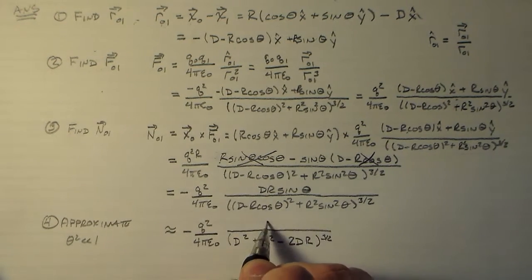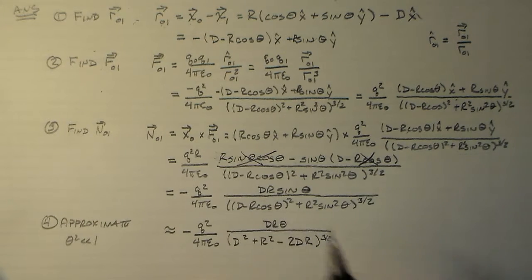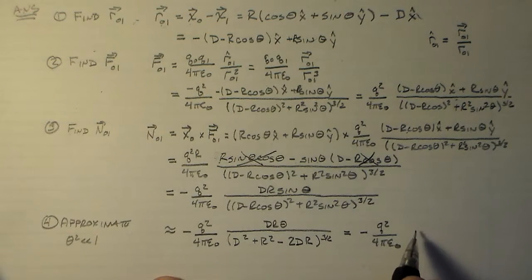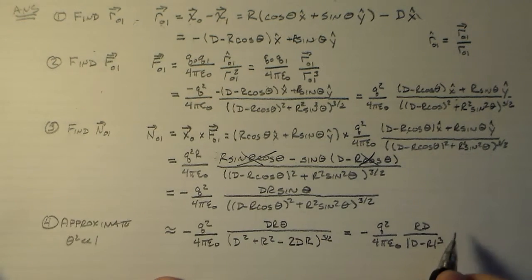And then we said up here, this is dr theta, right? And so we can finish that off by saying it's minus q squared over 4 pi epsilon naught, rd over the absolute value of d minus r cubed, times theta.